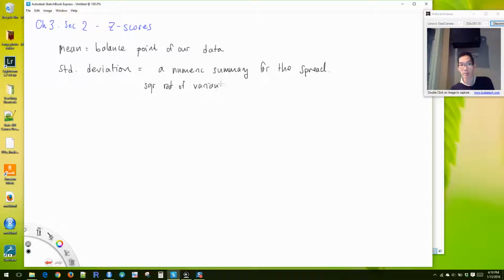And the variance can be thought of as the quote-unquote average square distance from the mean. I have average in quotes because instead of dividing by n, we divide by what? n minus 1, right.